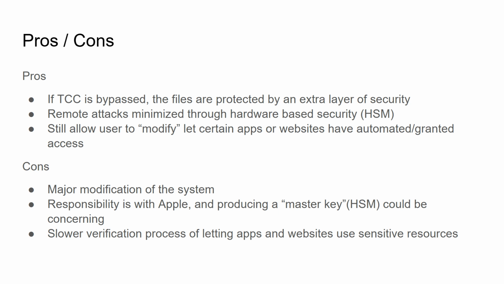So if TCC is bypassed, they would have to have information about your face or your fingerprint, for example, and try to get past another layer, making it more time-consuming or less easy for the attacker to actually go through with the attack.